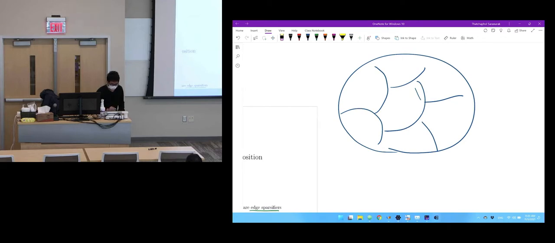So the min cut might look like this. It might cross a bit of an expander, and that's fine, because if this thing is small, it doesn't really guarantee much about the number of edges going out.